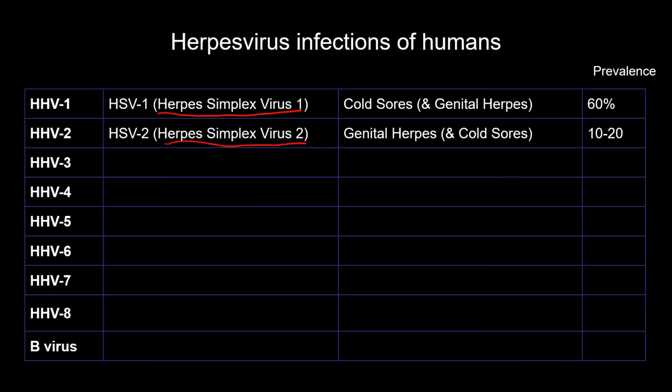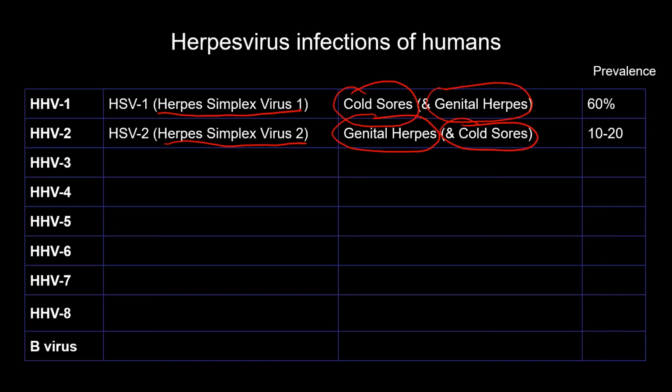Herpes simplex 1 usually is the culprit that causes cold sores, and sometimes it will also cause genital herpes. Herpes simplex 2 is kind of the opposite: it's usually the culprit that causes genital herpes and sometimes can cause cold sores.